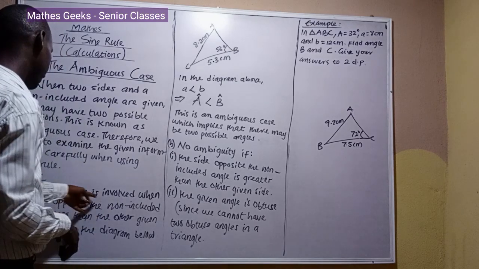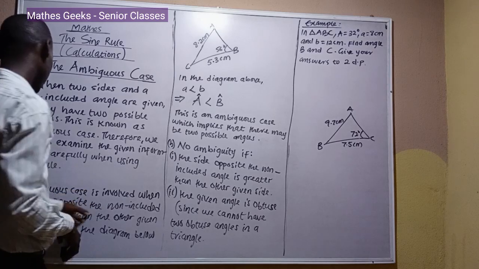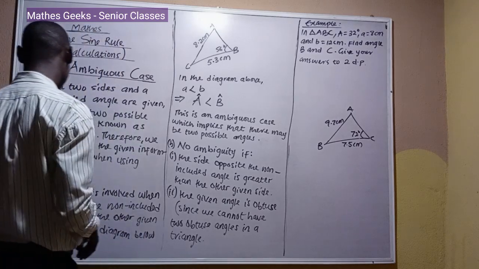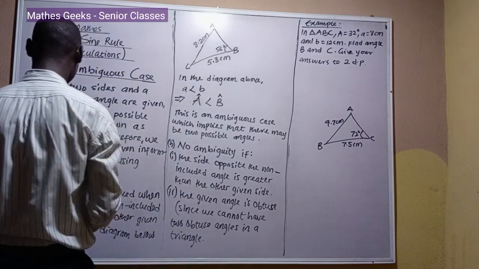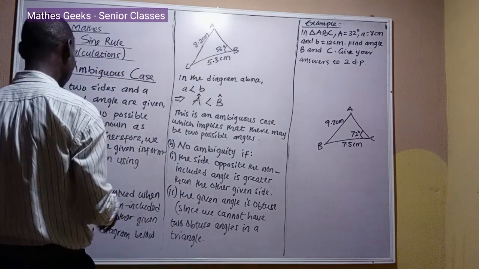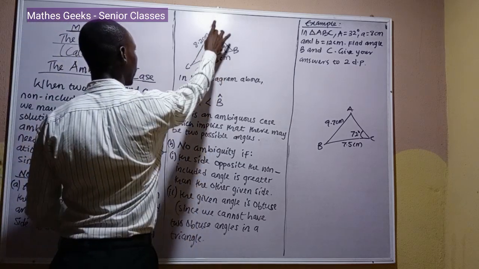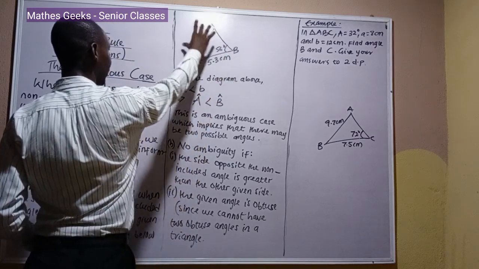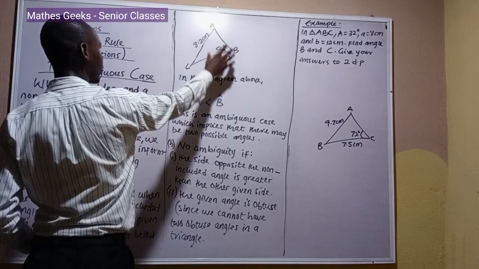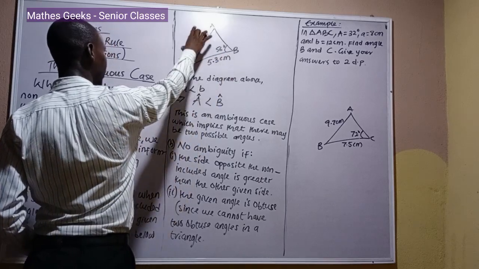The ambiguous case is involved when the side opposite the non-included angle is less than the other given side, as seen in the diagram below. So this side A is less than this side B.